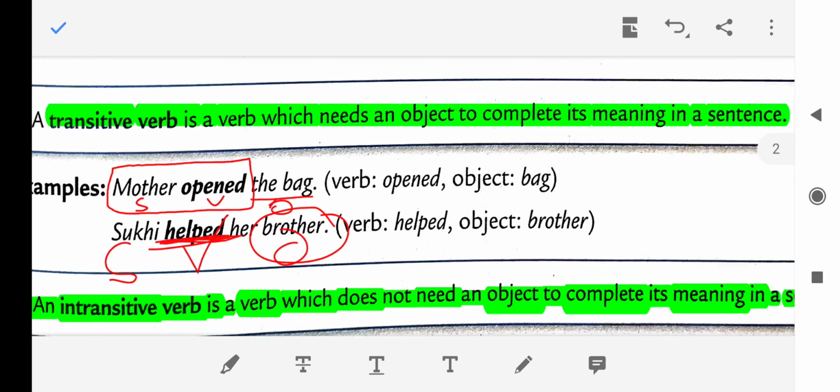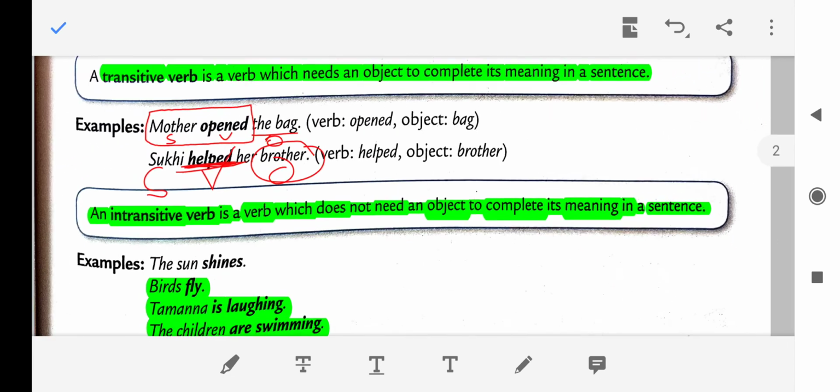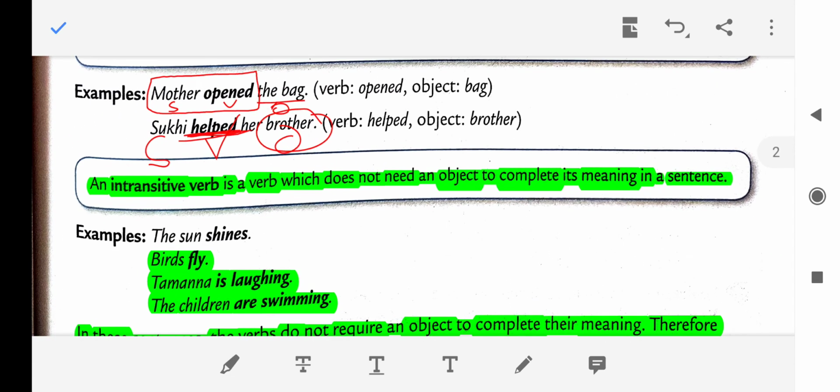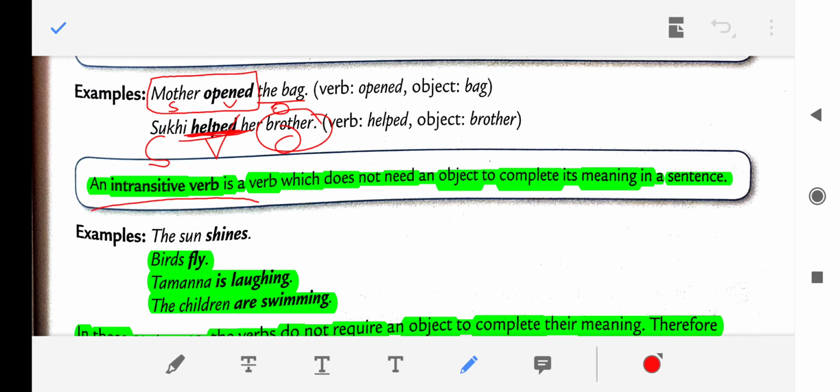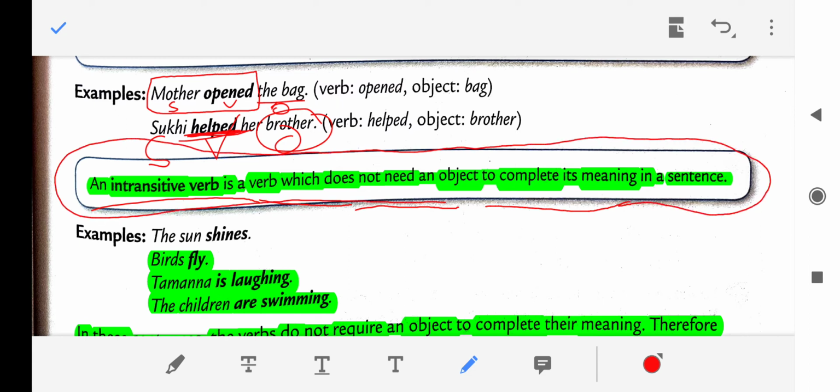Now, there comes the intransitive verb. What is an intransitive verb? An intransitive verb is a verb which doesn't need any object to complete its meaning in a sentence. So the verb which can stand by itself, which doesn't need the help of any other word to complete its meaning, is known as an intransitive verb.